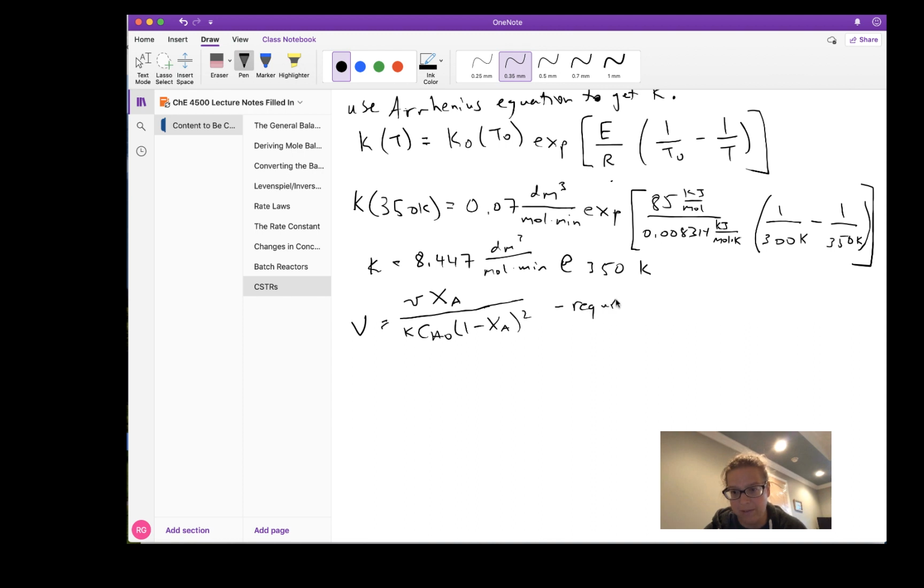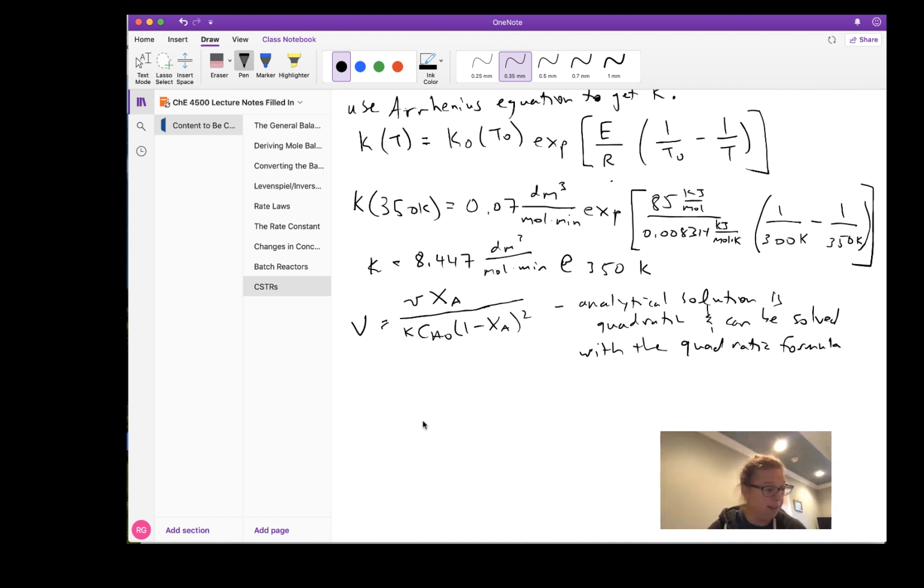Let's say the numerical solution or the analytical solution. It's quadratic. However you obtain this solution is up to you.